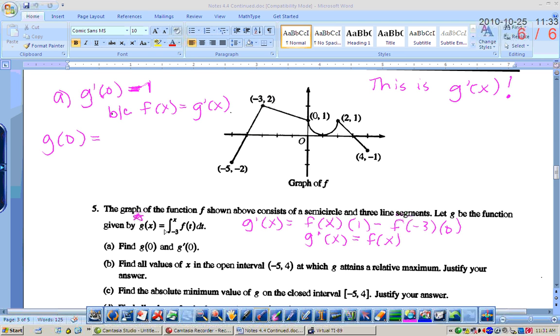So if g of x is the integral from -3 to x of f of t dt, then g of 0 would be the integral from -3 to 0 of f of t dt. This is the graph of f, so we're talking about the area under the curve between what and what? -3 and 0.